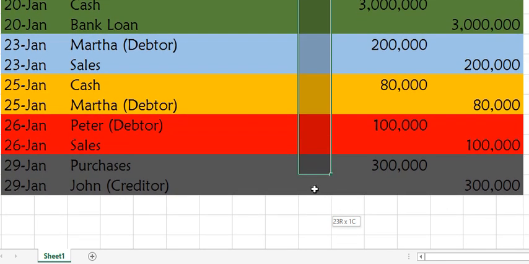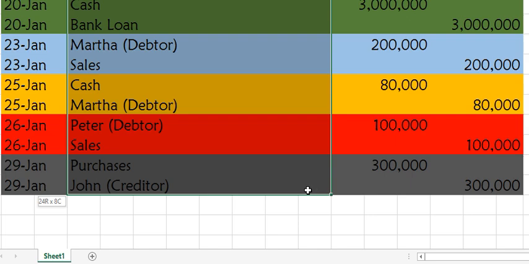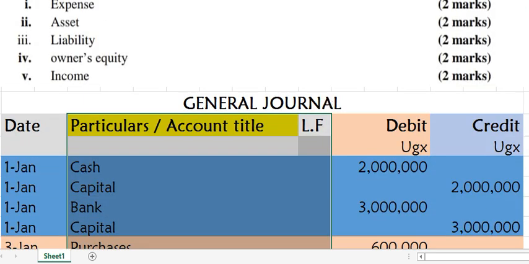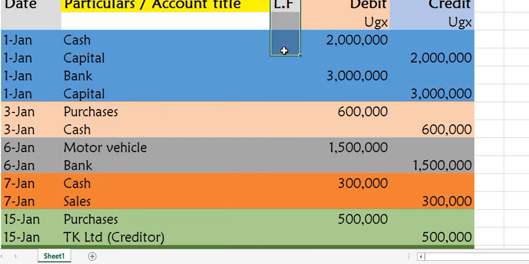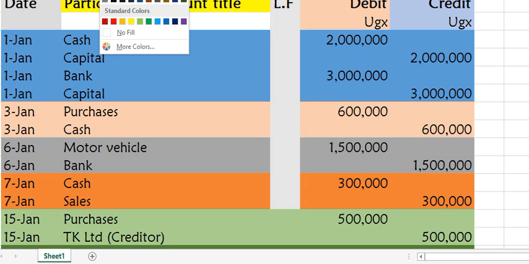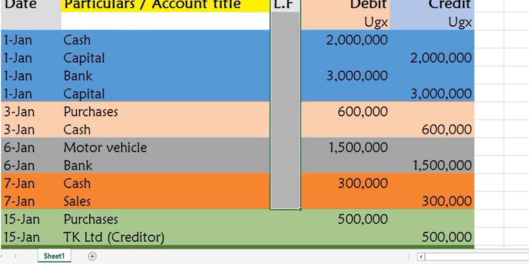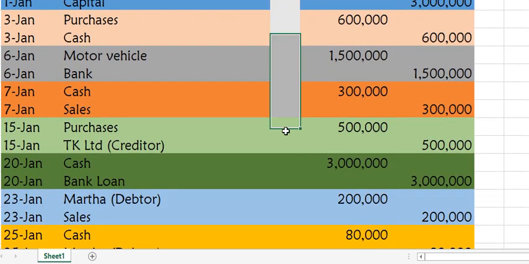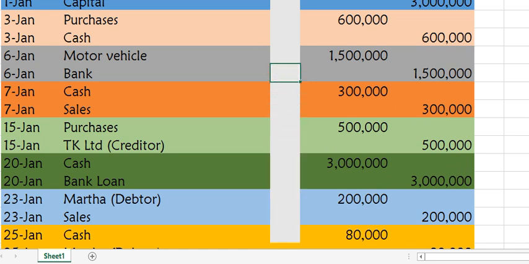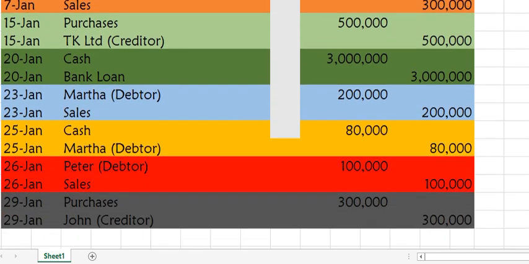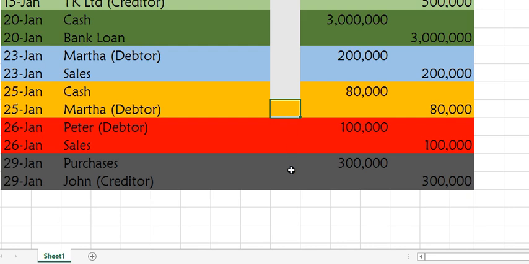But normally, if we have that information, then we can enter the reference numbers for the different transactions. In this case, I've ignored that column simply because I don't have that information here.